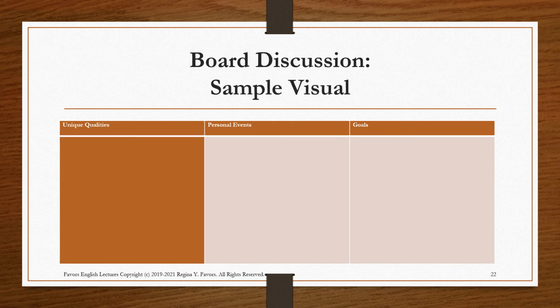All right, so here is a sample visual used during the board discussion. And just remember again that if you started with a pre-group discussion using the whiteboard, then you would have to add 5 to 10 more minutes just to take into account any issues with a particular student who might want to spend more time on one of the columns.